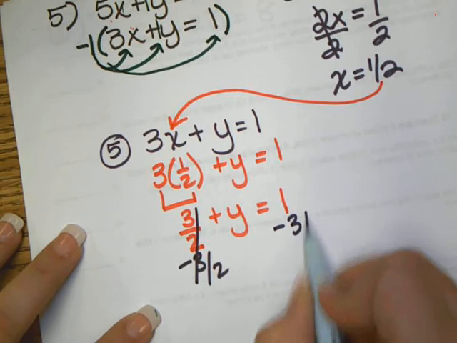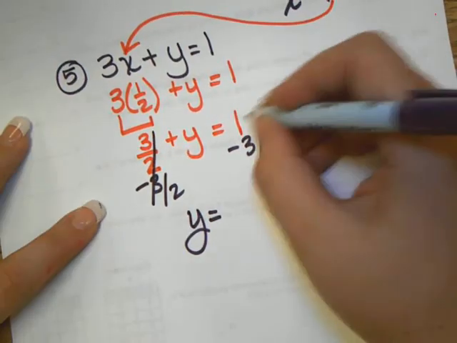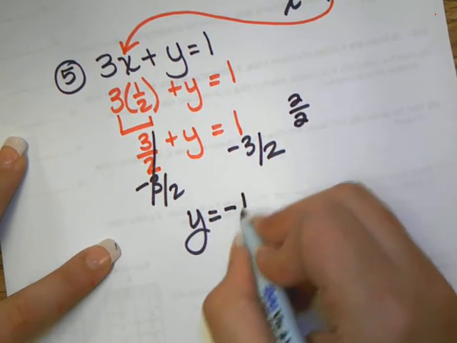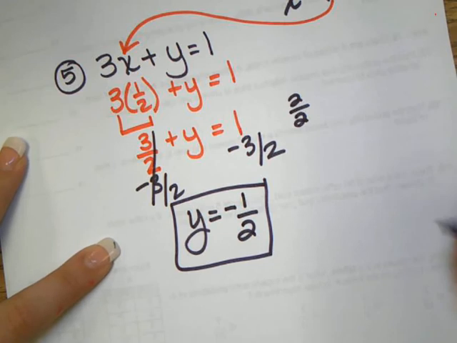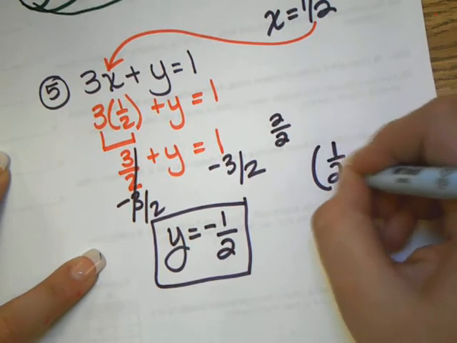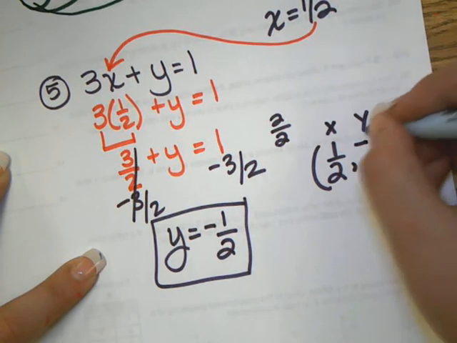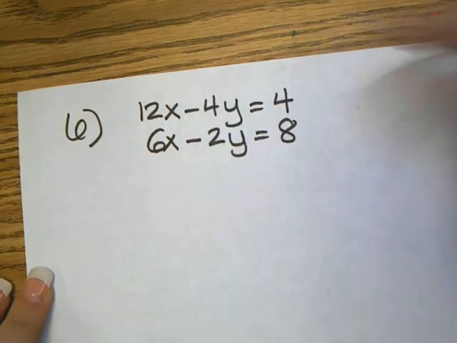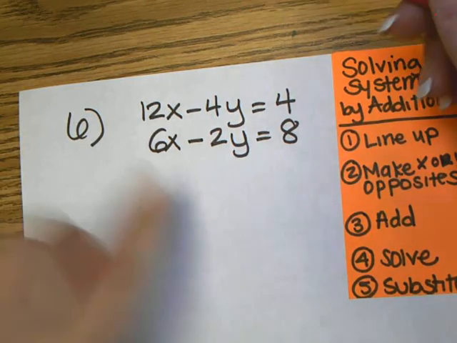So 3 times 1 half is 3 and a half. I'm going to subtract 3 halves. And we get y equals, find a common denominator, we get negative 1 half for y. So my solution is 1 half for x and negative 1 half for y.